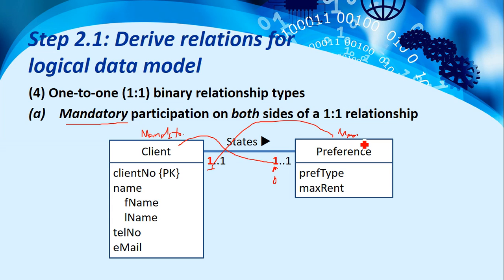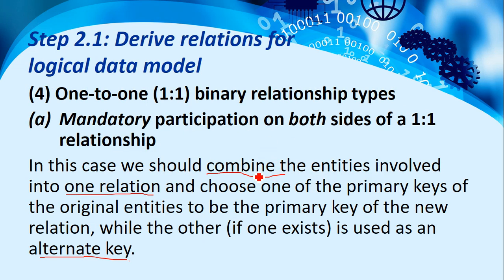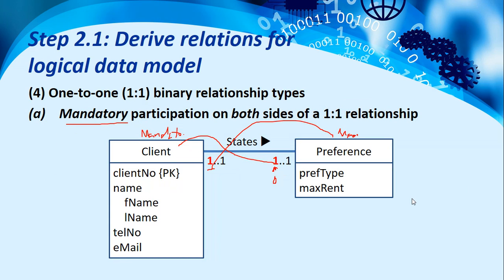So, since this is mandatory participation on both sides, what do we do? Again, we combine the entities into one relation and then we just pick a primary key between the two. Since between these two, only the client entity has a primary key, automatically we only have one primary key. We have no alternate key.